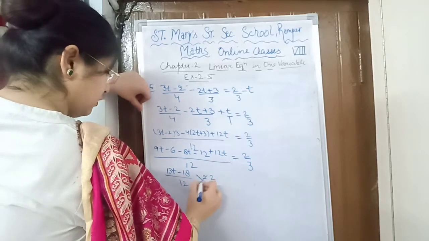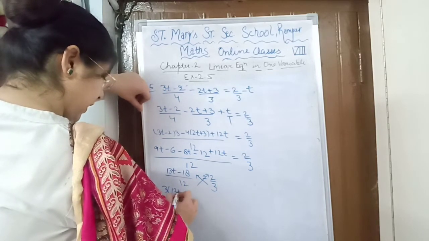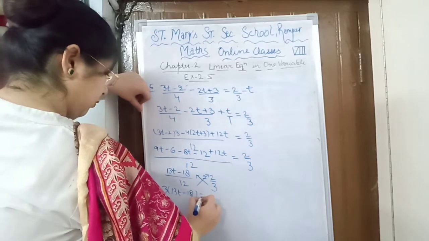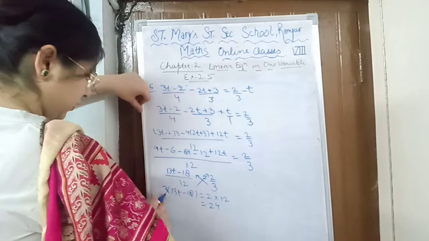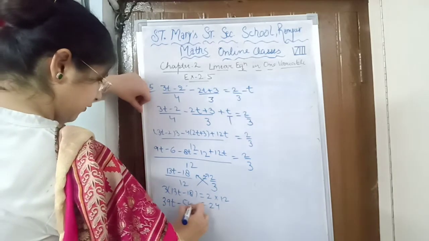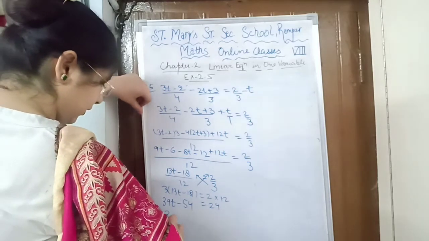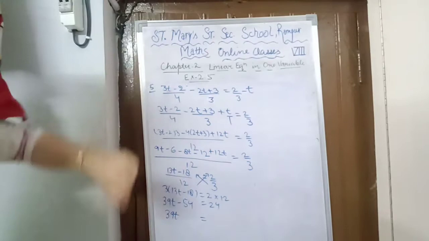Now do again the cross multiplication. 3 into 13t minus 18 is equal to 2 into 12. 12 2s are 24. 13 3s are 39t and 18 3s are 54. Okay, 39t is equal to 24 plus 54, as 54 will go to this side and will get added.